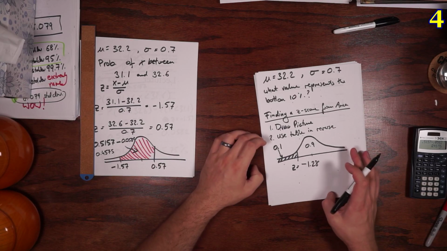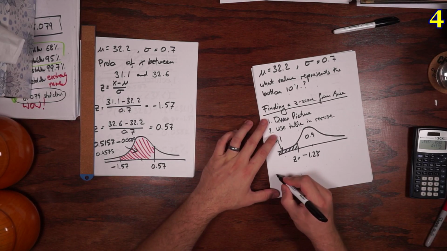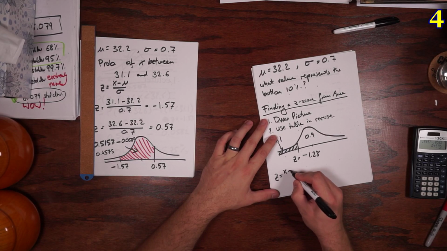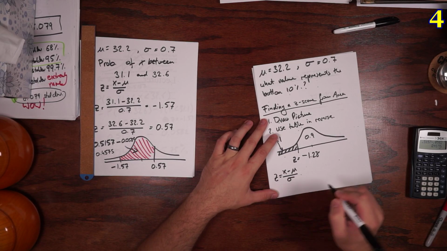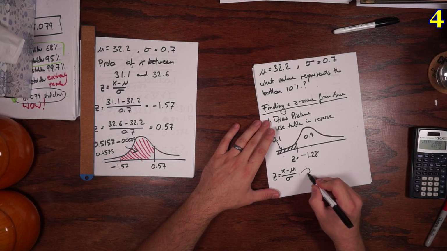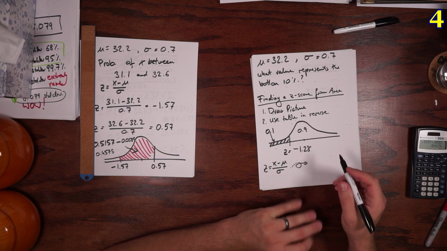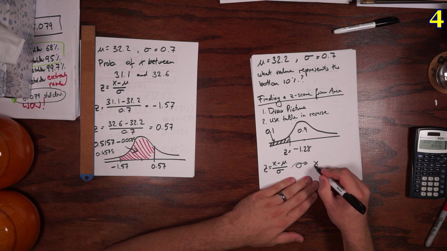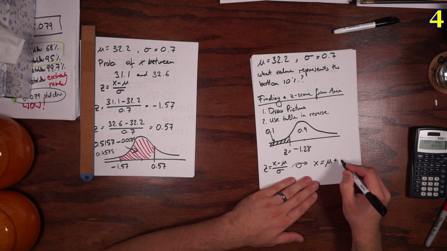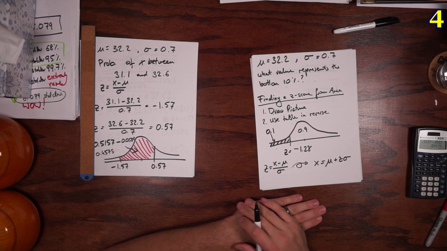And then how do we find the actual value? Well, if our z-score equals (x minus mu) over sigma, then we can transform this through algebraic manipulations into x equals mu plus z sigma.